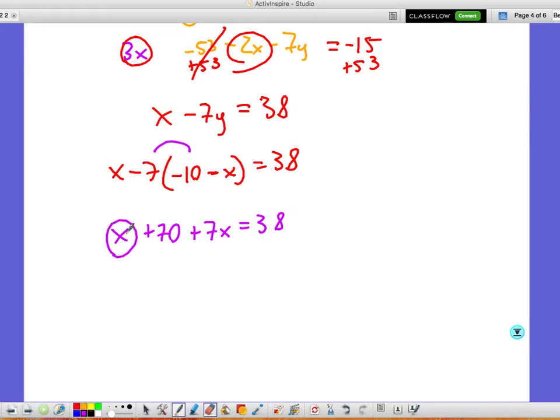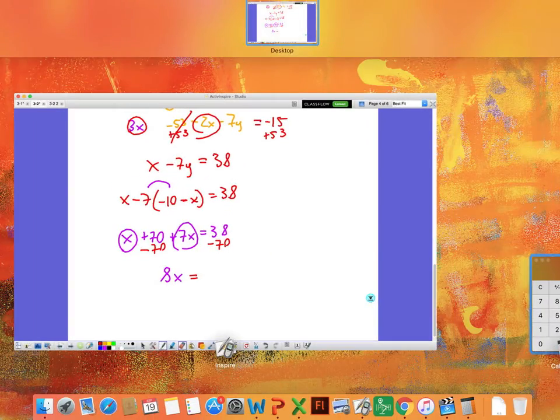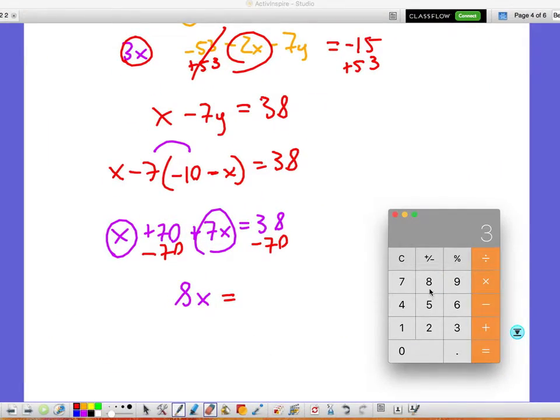Okay, let's go ahead and combine like terms. I have x plus 7x, that gives me 8x. And let's go ahead and subtract 70 from both sides. And so that gives me 8x is equal to 38 minus 70. And that gives me negative 32.